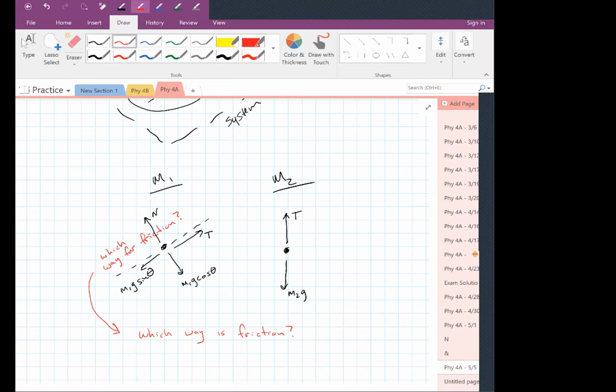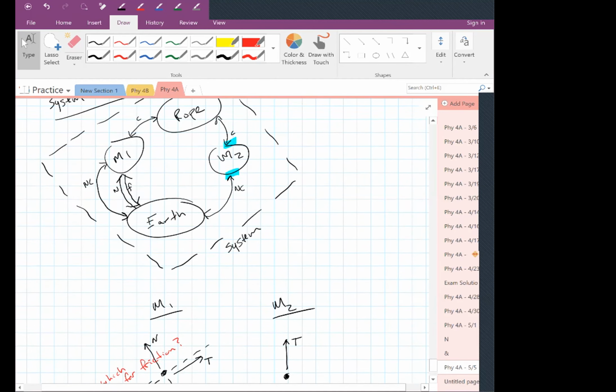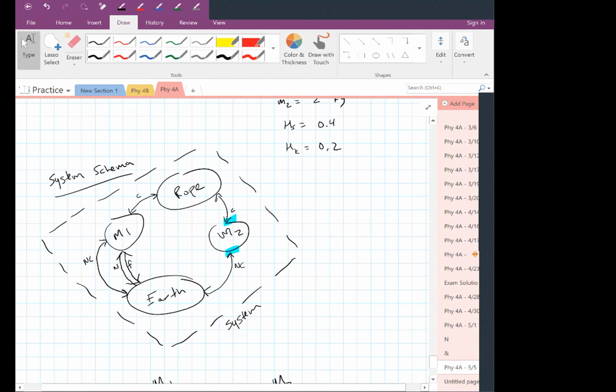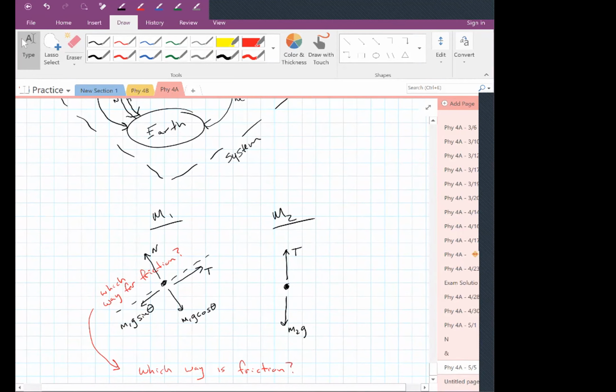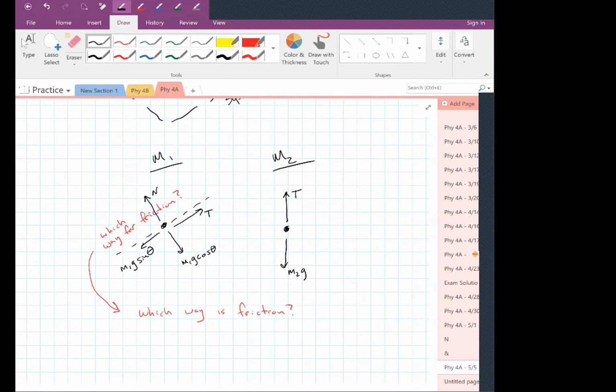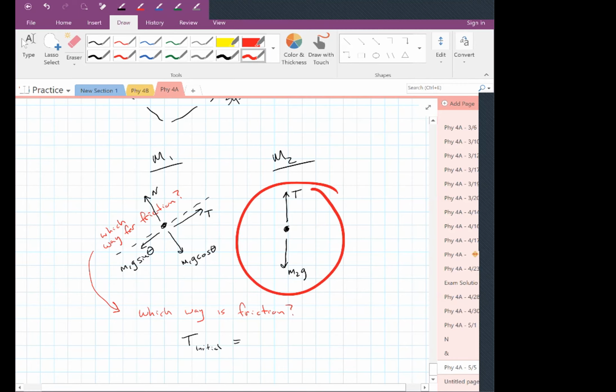So if we are just holding this system at rest, what's the tension in the string going to be initially, just as we let go of it? Let's look at this. If M2 is not moving, what does the tension in the string have to be?